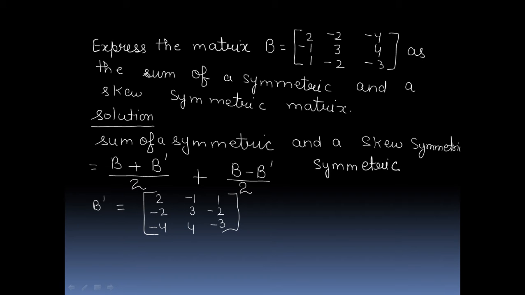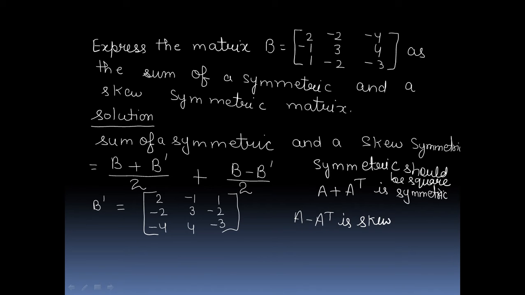Symmetric means when we take a square matrix, then A plus A's transpose is symmetric. The matrix should be square, and in skew symmetric, A minus A's transpose is skew symmetric.